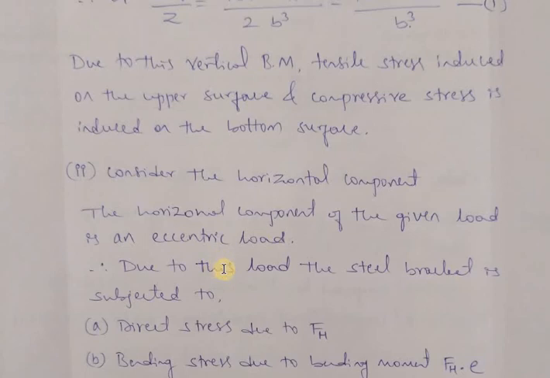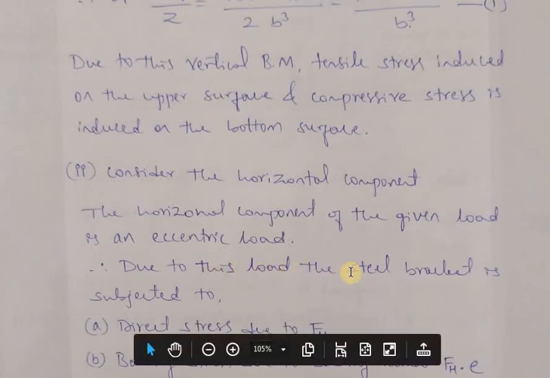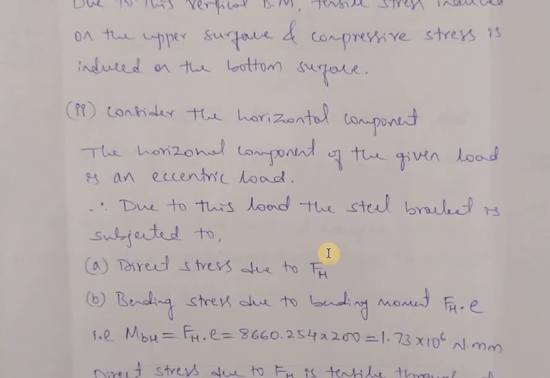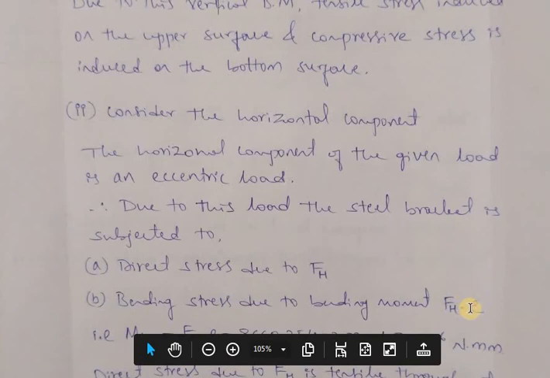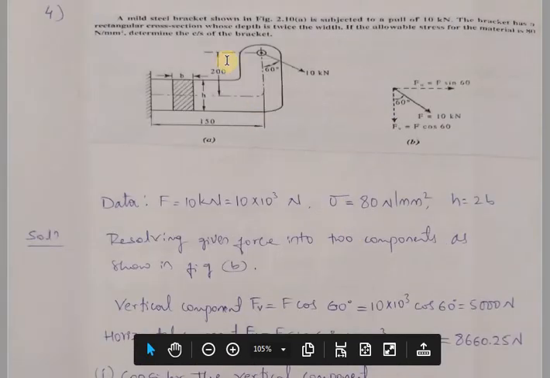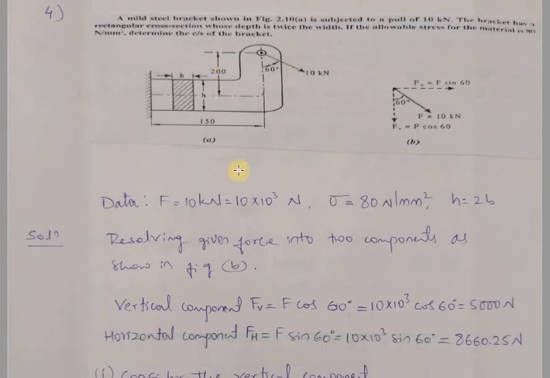Due to this load, the steel bracket is again subjected to direct stress and bending stress. Direct stress is due to the horizontal component FH, and bending stress is due to the horizontal component into eccentricity. Eccentricity is nothing but this distance 200.